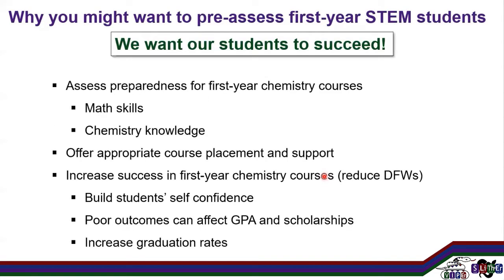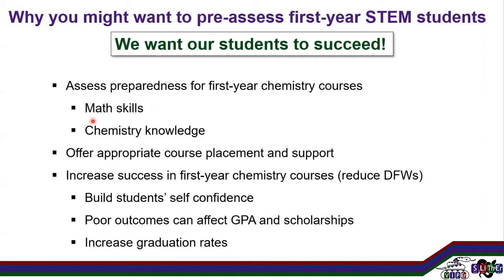So why might you want to pre-assess your first-year STEM students? We all spend a lot of time and energy trying to teach them in general chemistry, and we want our students to succeed. That's the main reason. We might want to assess their preparedness for skills that we think they need for general chemistry. That might be previous chemistry knowledge, but if you look at Facebook teaching groups for chemistry, people are concerned about math skills.